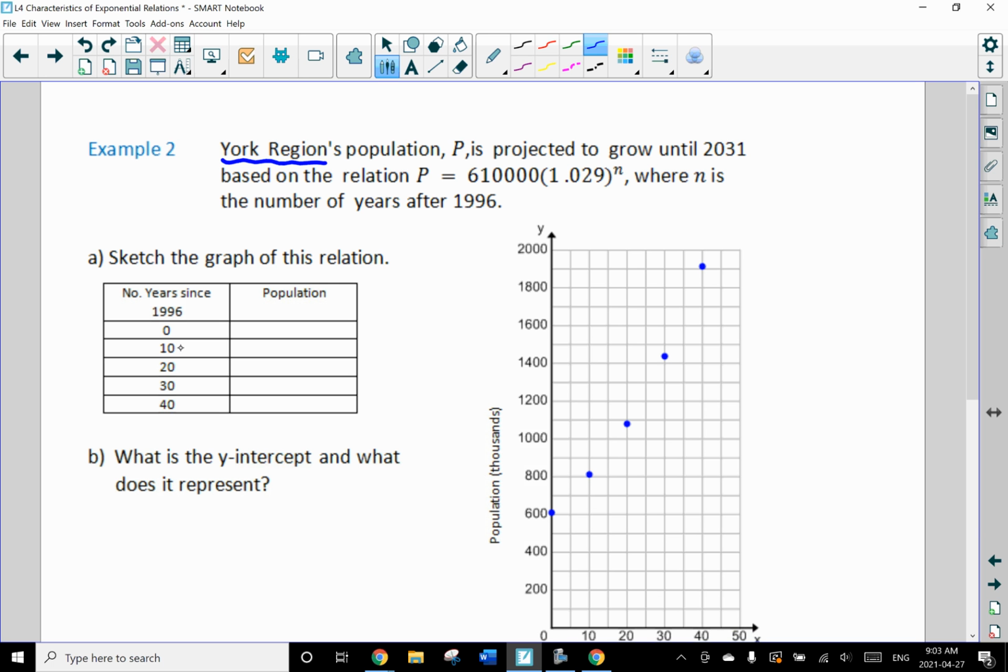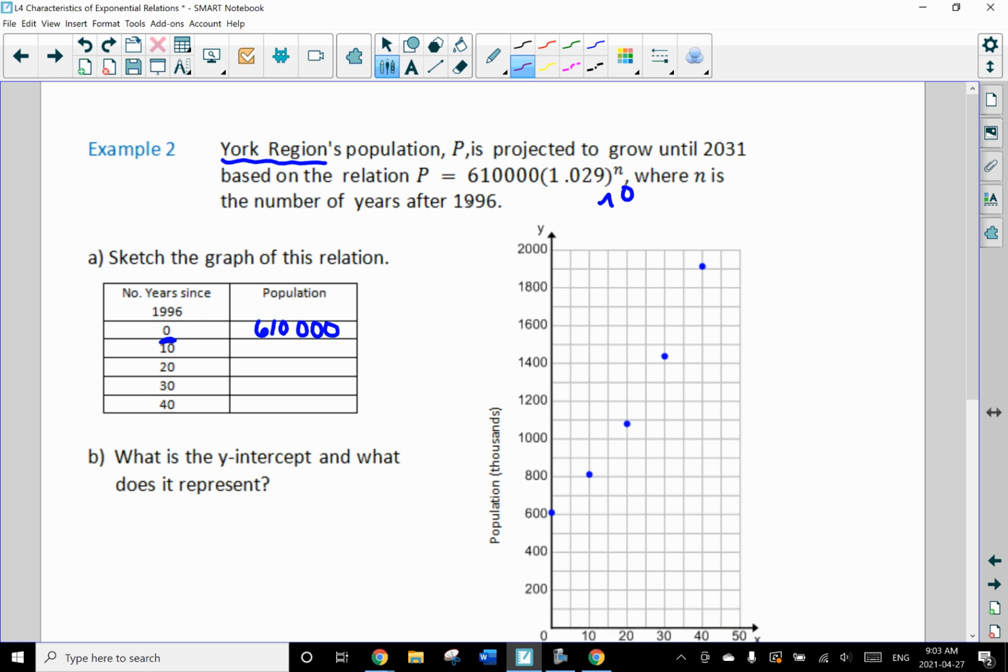So if we were to calculate using a calculator and plugging this value in, when we plug in an x value of 0, and you go 61000 bracket 1.029 close bracket raised to the 0, because that's the first one we're doing, your population is 610,000.